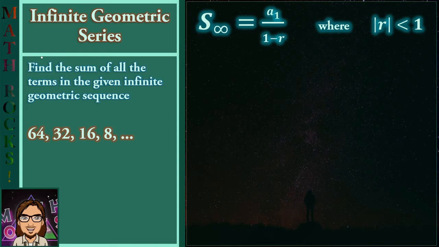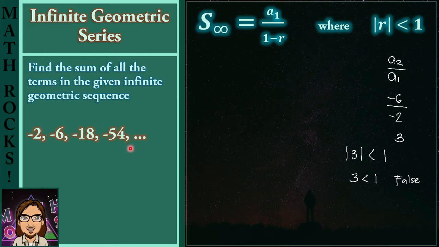Here we would like to find the sum of all the terms in the given infinite geometric sequence, and here is our sequence. You might have noticed that in our first two examples, if you take a look at the absolute values of the terms, so let me go back with this example right here.